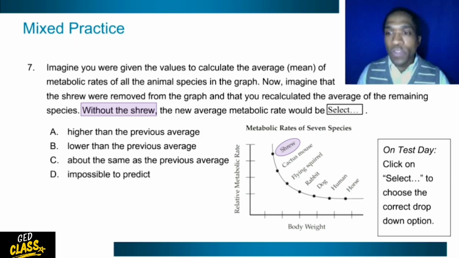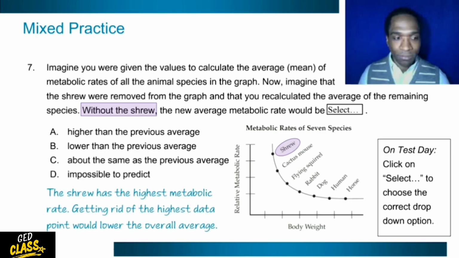So if we remove the shrew's metabolic rate, what would happen to the average metabolic rate for the rest of the points? In other words, by removing the highest rate, will the new average go up, go down, or stay about the same? Well, you get rid of the highest here, so that metabolic rate would have to go down. There we go, and that lowers the overall average. And that matches answer choice B.